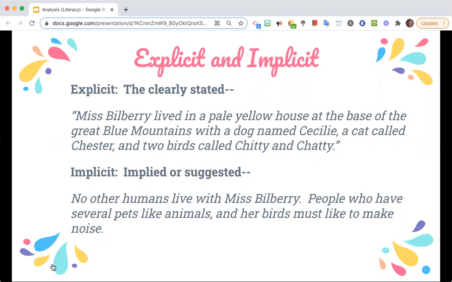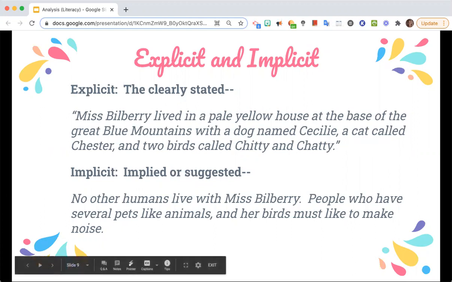So in this case, I am using my personal experience to reason that no other humans live with Miss Bilberry. Otherwise, the author would have shared that. Also, the fact that she has several pets tells me that she likes animals.